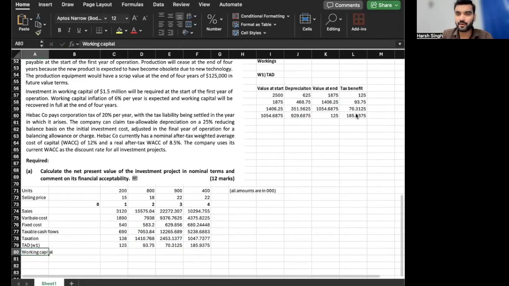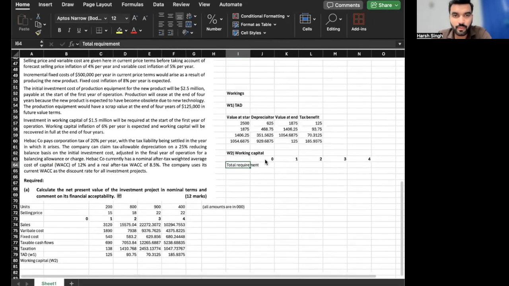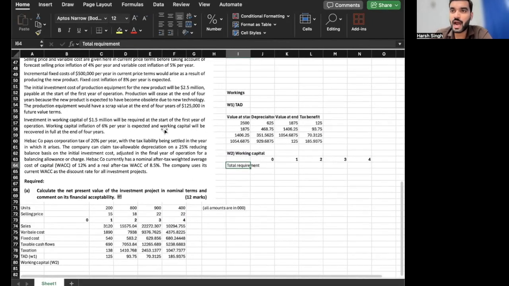Okay. After TAD, we have one more thing, that is your working capital. Working capital again will be a part of your working 2. I'll come over here and put down working 2, everyone. Working capital, total requirement. So if you remember, investment will be required at year 0, 1, 2, 3, 4. Let's copy and paste it here. 1.5 million will be required at the start of the first year, and then it will increase by 6%.